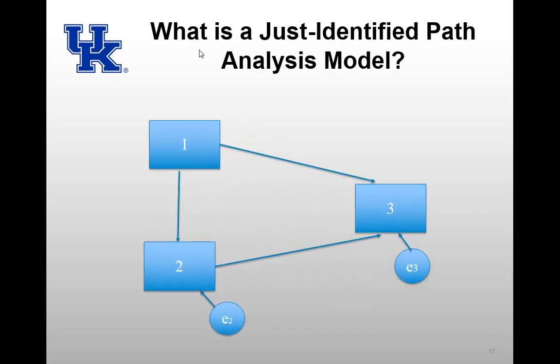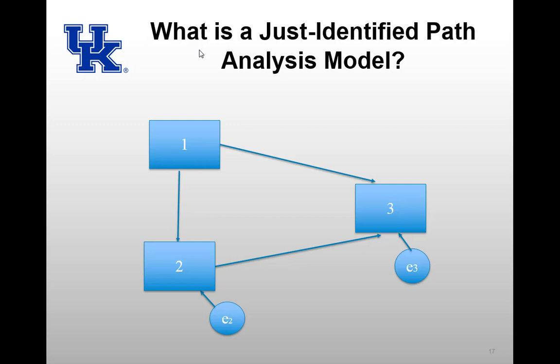So this is a simple diagram. We have 3 variables, 1, 2, 3. And the variable 1, by our definition a few slides previously, is an exogenous variable because it only has arrows going out, right? 2 and 3 are endogenous variables.